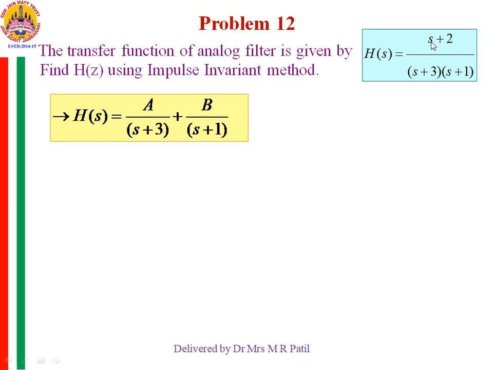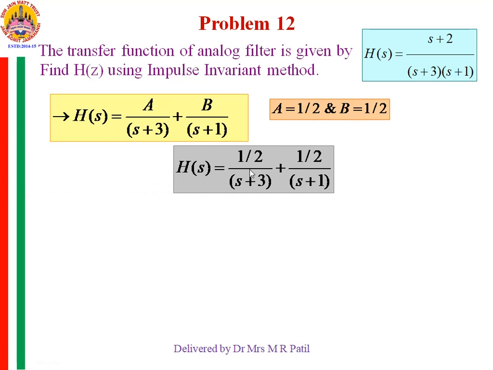Then you substitute s equal to minus 3 here and here, so you will get numerator minus 1, denominator minus 2. So A will be equal to 1 by 2. And similarly to obtain B, multiply H of s by (s plus 1) and then substitute s equal to minus 1. So you will again get 1 by 2. So A is 1 by 2 and B is 1 by 2.